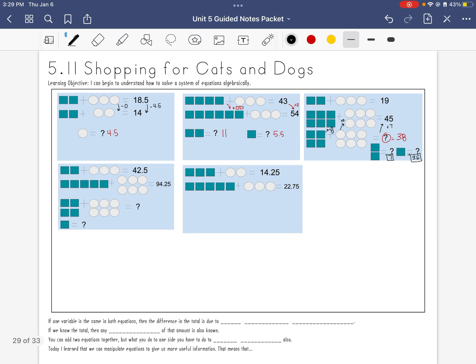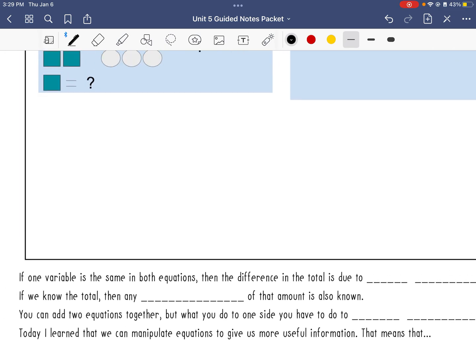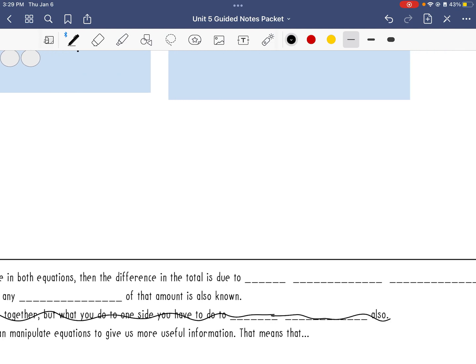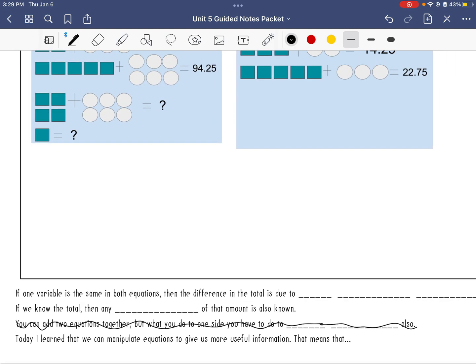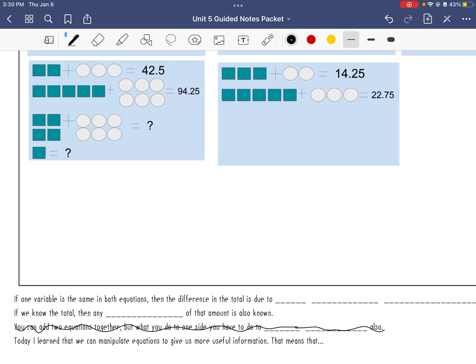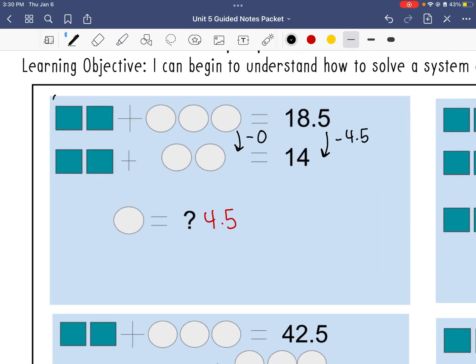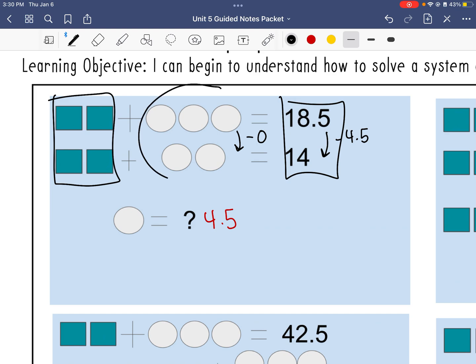The only other thing we did in class is I did fill out this bottom section with them, and we actually skipped this one right here. So if one variable is the same in both equations, then the difference in total is due to the other variable. So this is like with the squares and circles on the first one. Because the squares are the same and these are different, then the difference has to come from this circle.